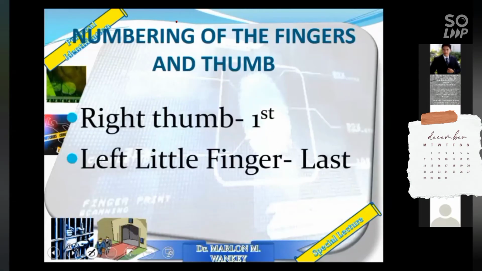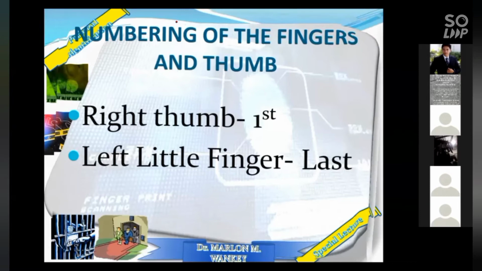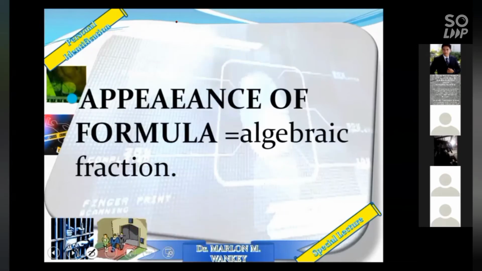In numbering the fingers, you will always start from the right thumb and end at the left little finger. Again, start from the right thumb and end at the left little finger. So, what is the appearance of the formula?